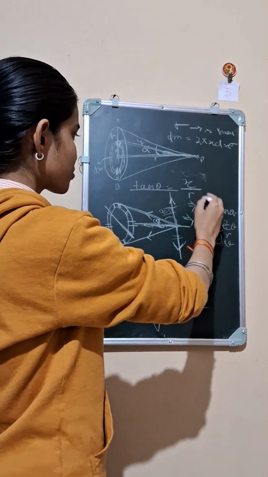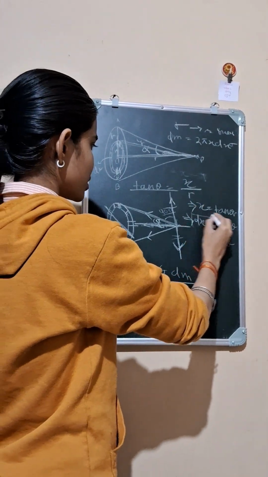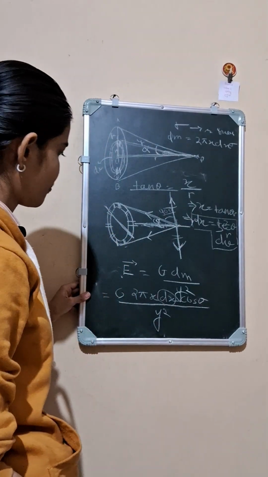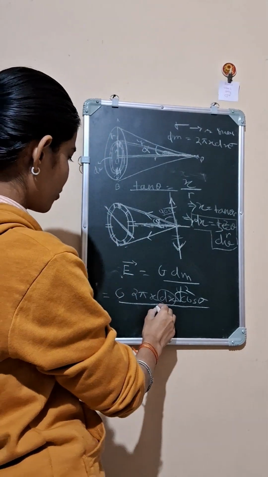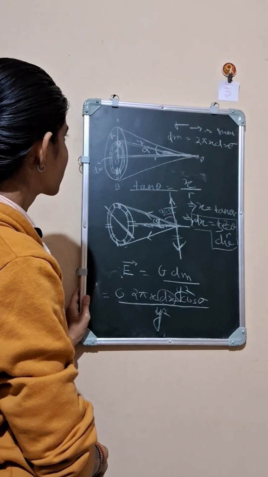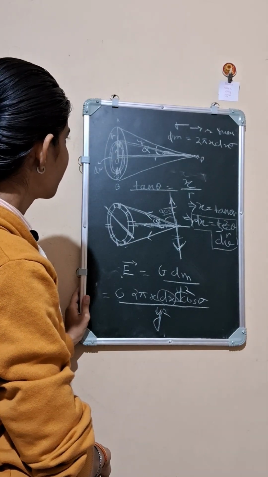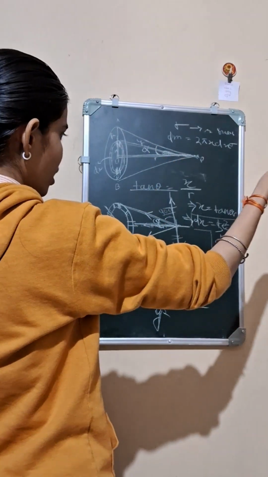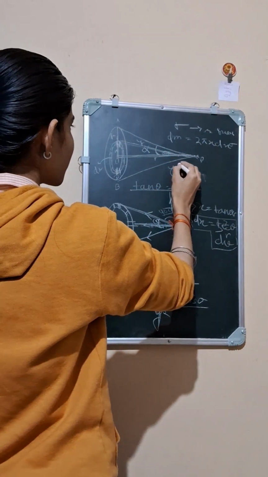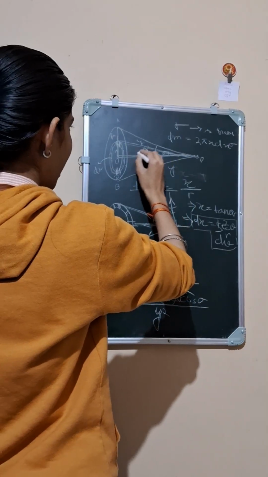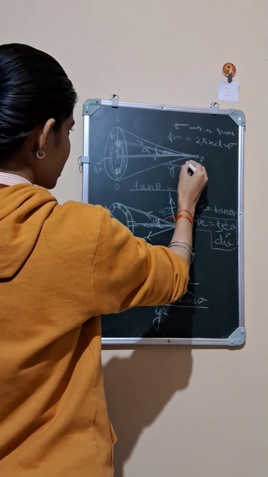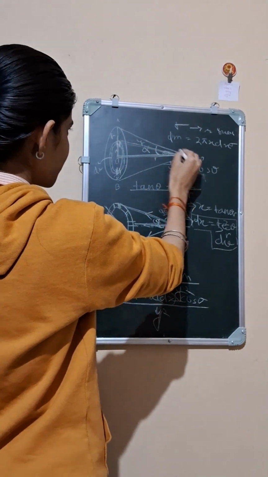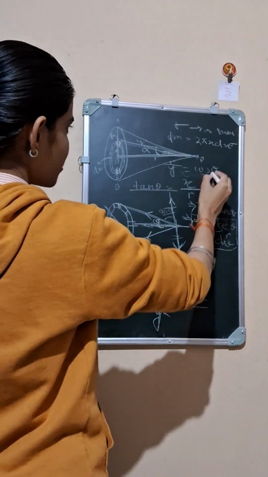So this is the expression I am going to use, and here I have taken y square. Let's do something about y square. Here I can say that r by y equals cos theta, meaning base by hypotenuse equals cos theta.